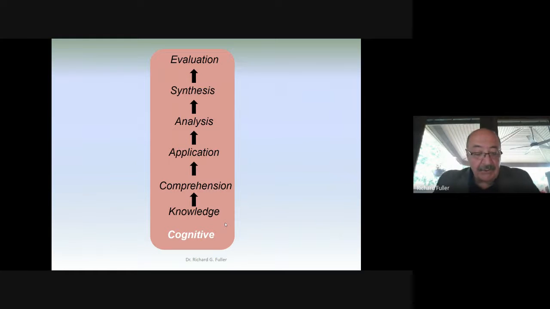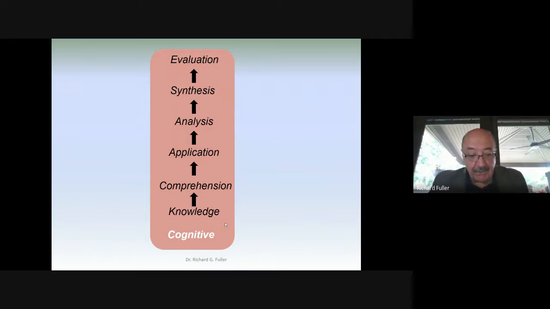Now, the knowledge area is really dealing with the simple rote memorization of information. It's working through immediate recall. Okay, so it's basically a lower level function, if you would. The next level is the comprehension of terms, which is the ability to understand the meaning behind the information. Okay, so knowledge might be something as simple as being able to define a term. Definitions of different things, understanding what certain terms mean.